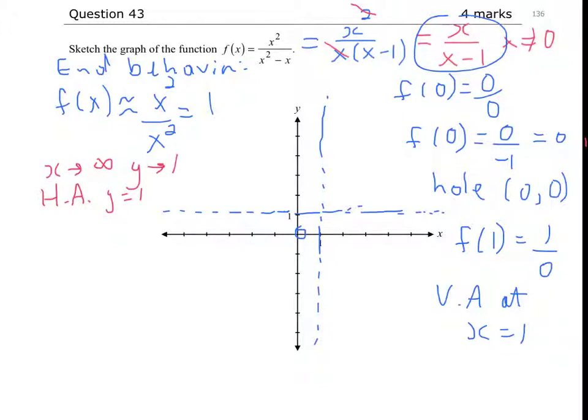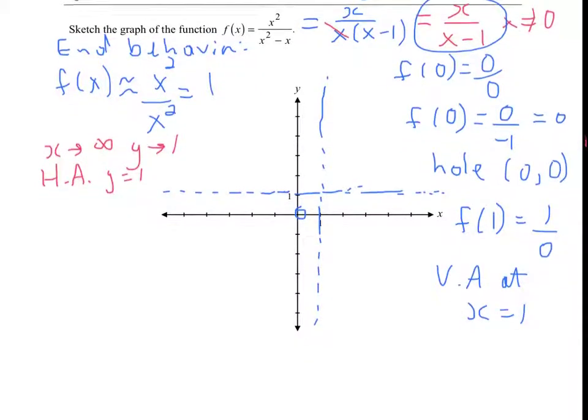So we got two important bits done, and we still don't have a graph. So it's a choice here. You could do some kind of transformation and see if there's a parent function that this is a transformation of. My preference is to do something a little more basic, and that is a table of values.